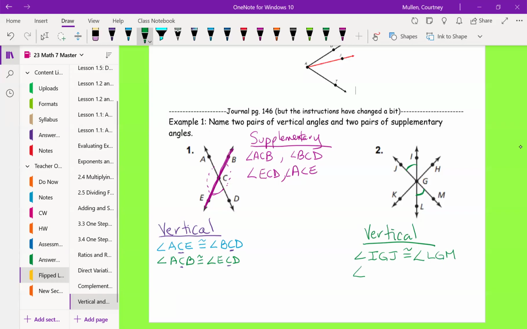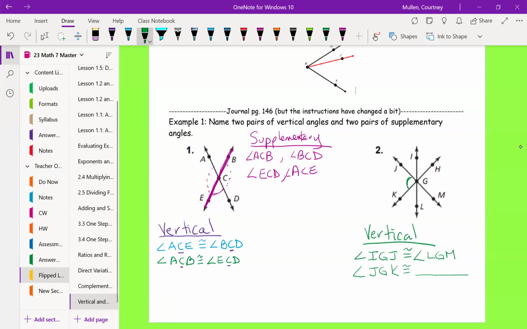What angle is vertical with angle JGK? So let's talk about JGK. Where's the vertical angle? Good.